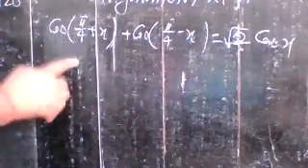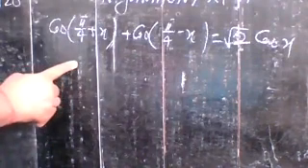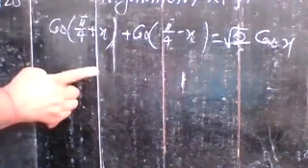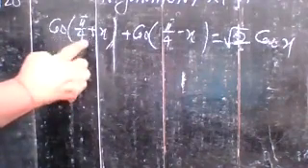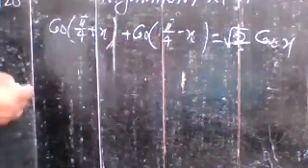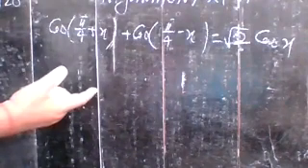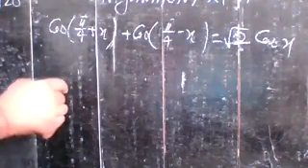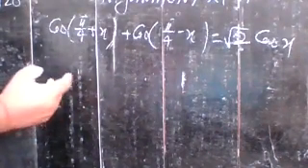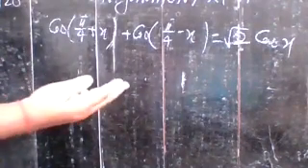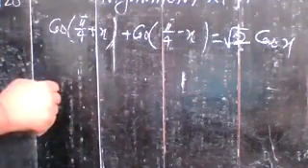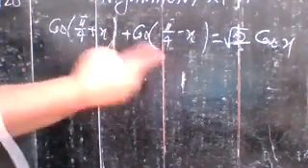This result you can prove by two methods. One, which you already know, is by using the formulas for cos (x plus y) and cos (x minus y). The other is by using the identity you are studying today, cos x plus cos y.